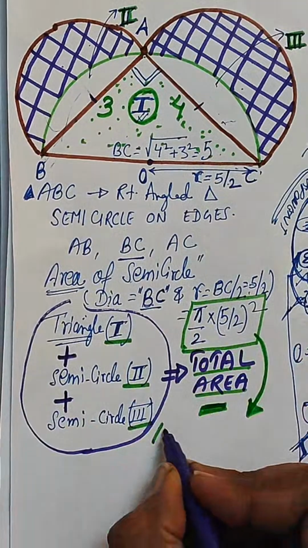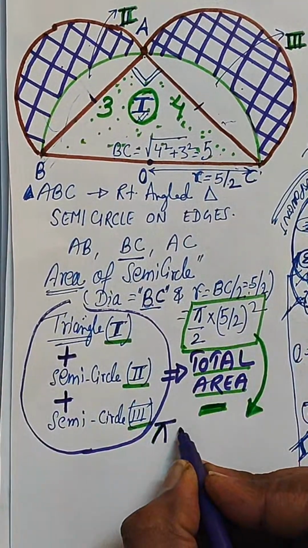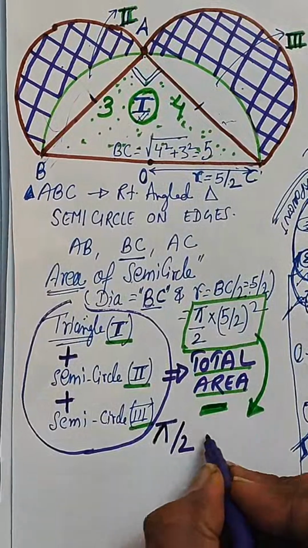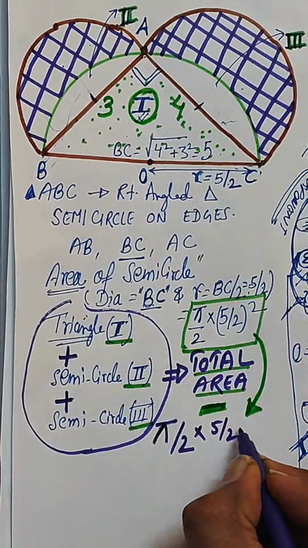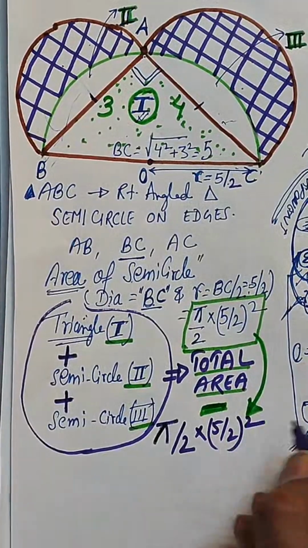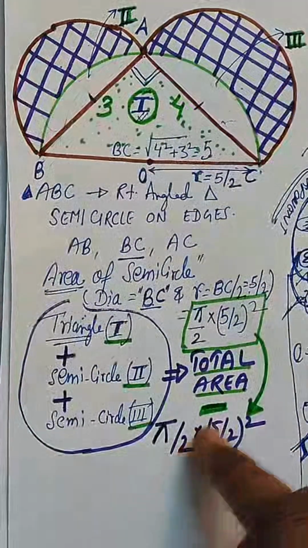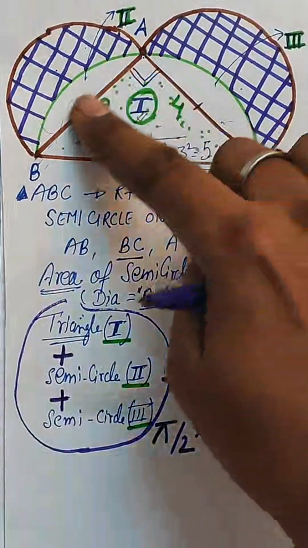And that is coming as pi by 2 multiplied by 5 by 2 whole square, right? This is the area of this semicircle, right?